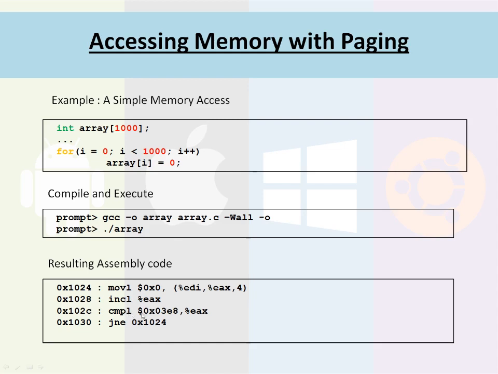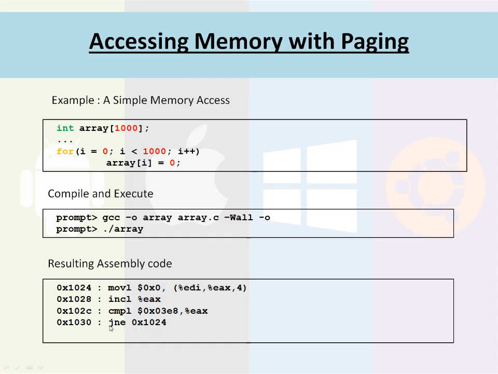If the comparison shows that the two values are not yet equal, so I is not equal to 1000, then the fourth instruction will jump back to the top, to this address, and the process will continue until the values are equal, so I is equal to 1000, and then it will stop.